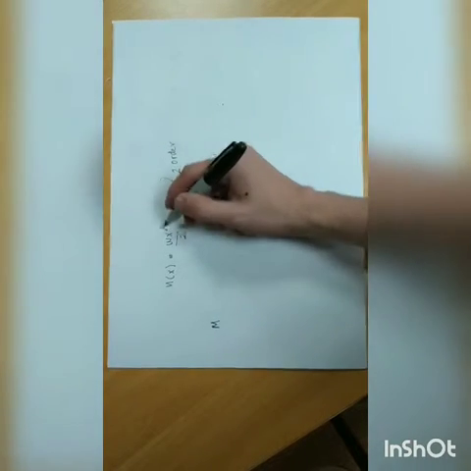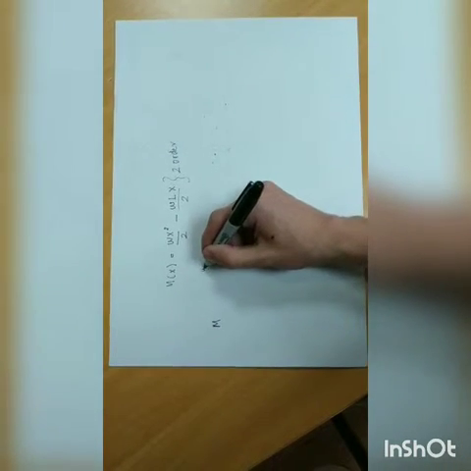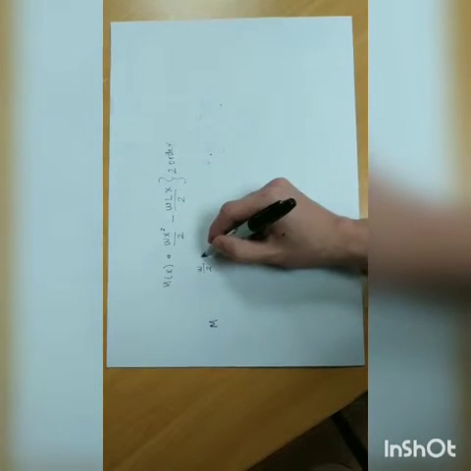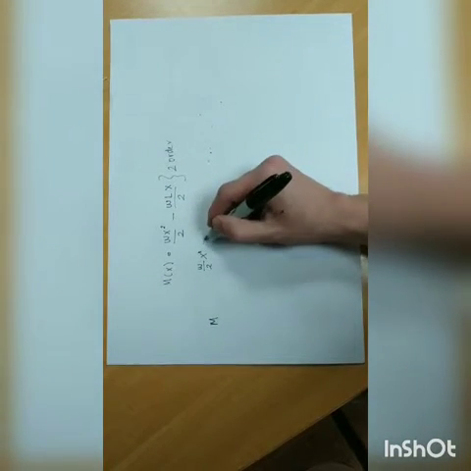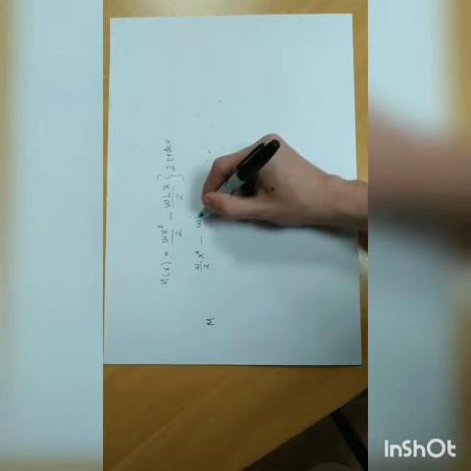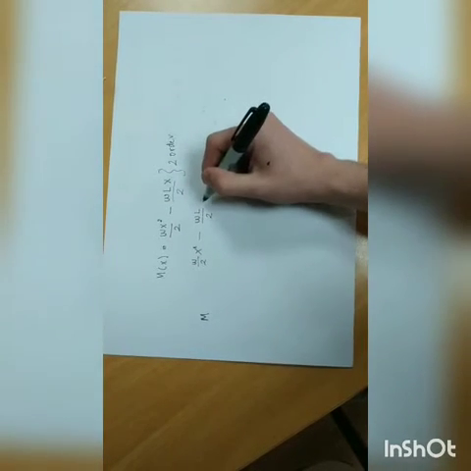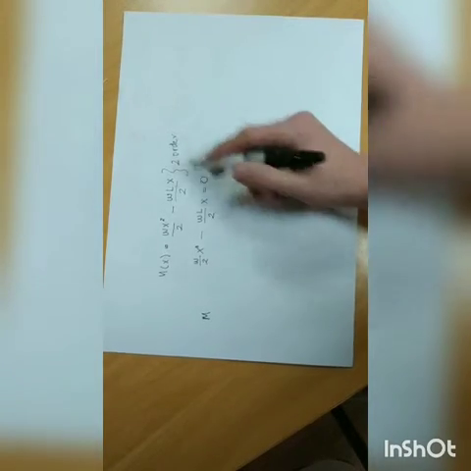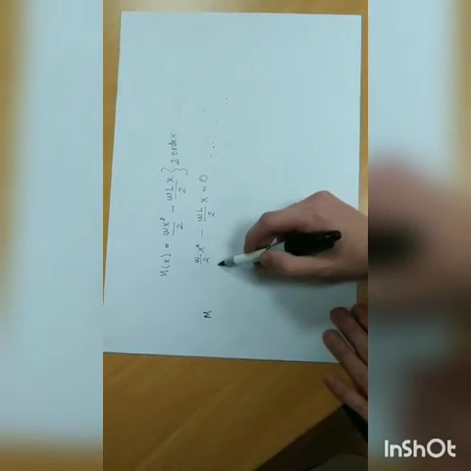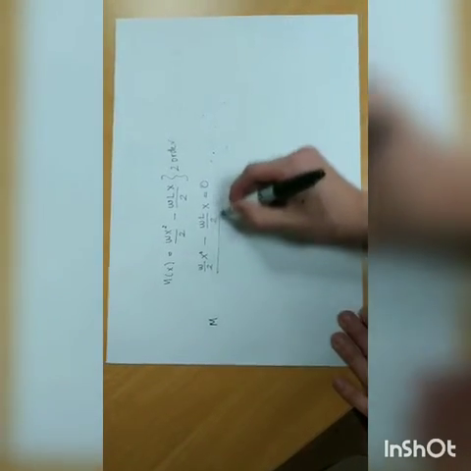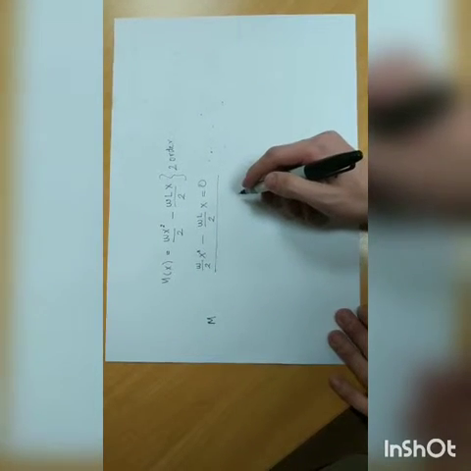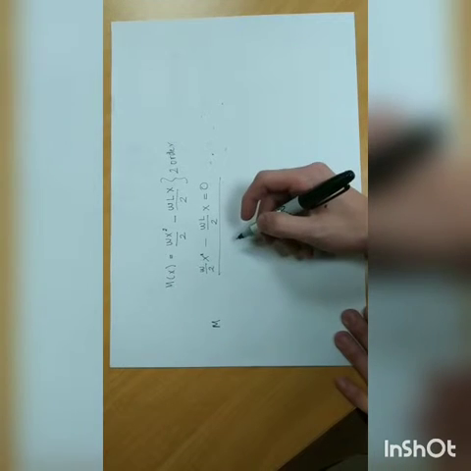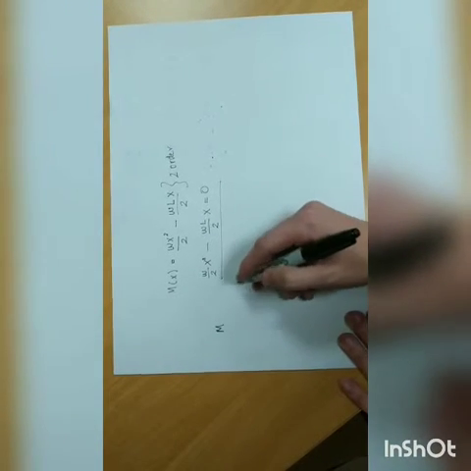So we have w divided by 2 per the double derivative of x minus w per L divided by 2 per x equal to 0. This is the equation that we're going to resolve, so we can know the maximum deflection of the beam, depending on the forces that we're applying on the beam.